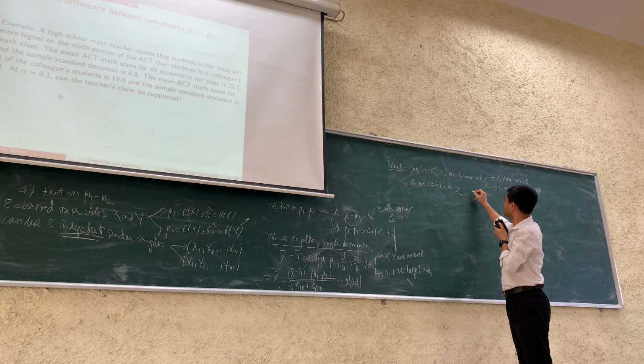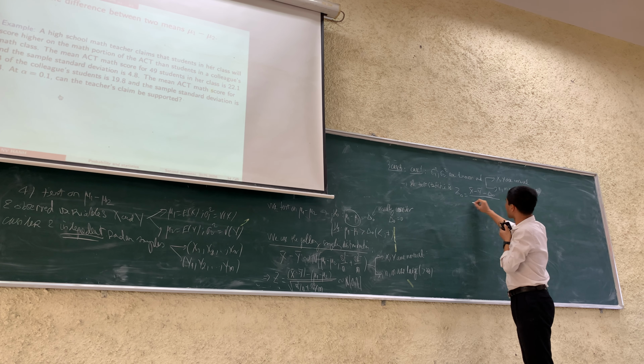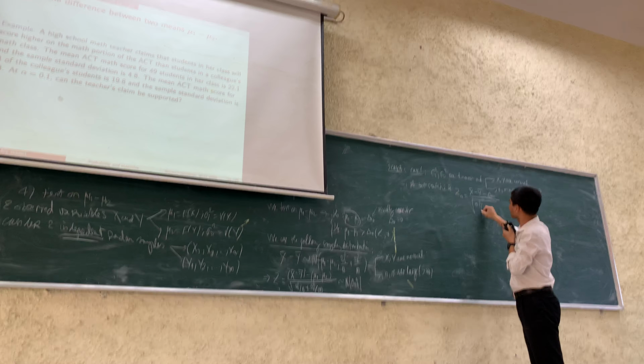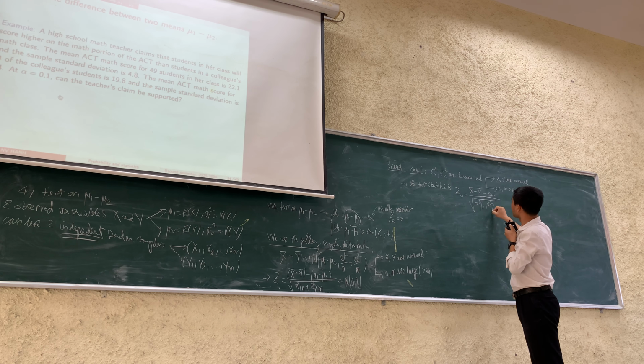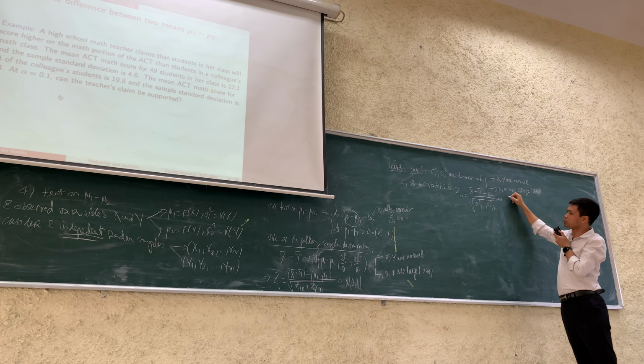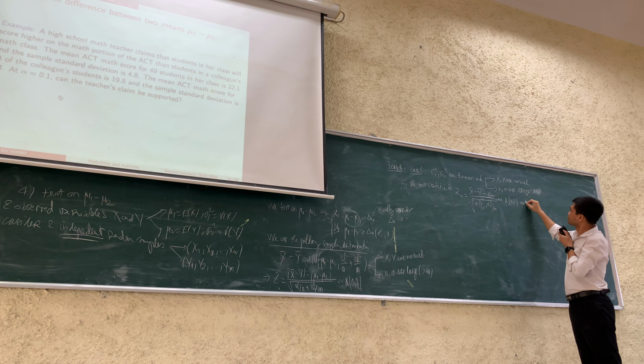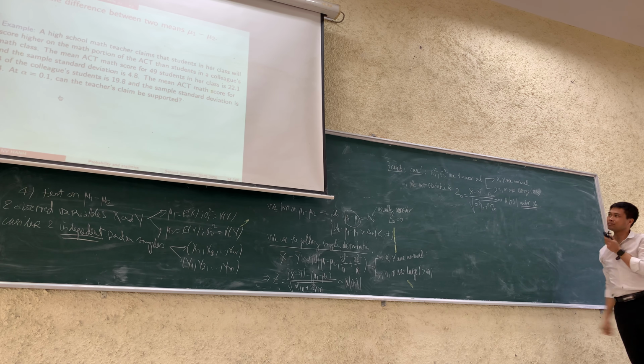Z naught equals x bar minus y bar minus delta naught, divided by the square root of sigma 1 square over n plus sigma 2 square over n, follows or approximately follows the standard normal distribution under H0, or when H0 is true.